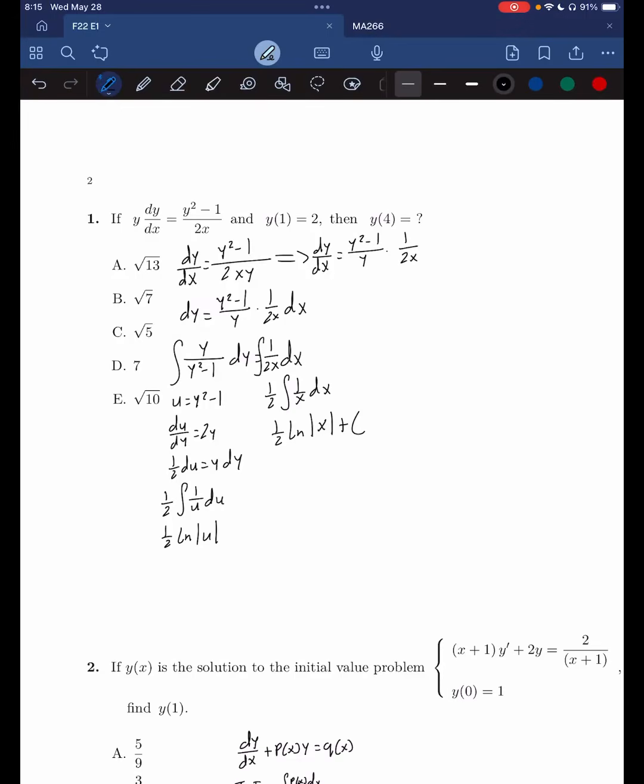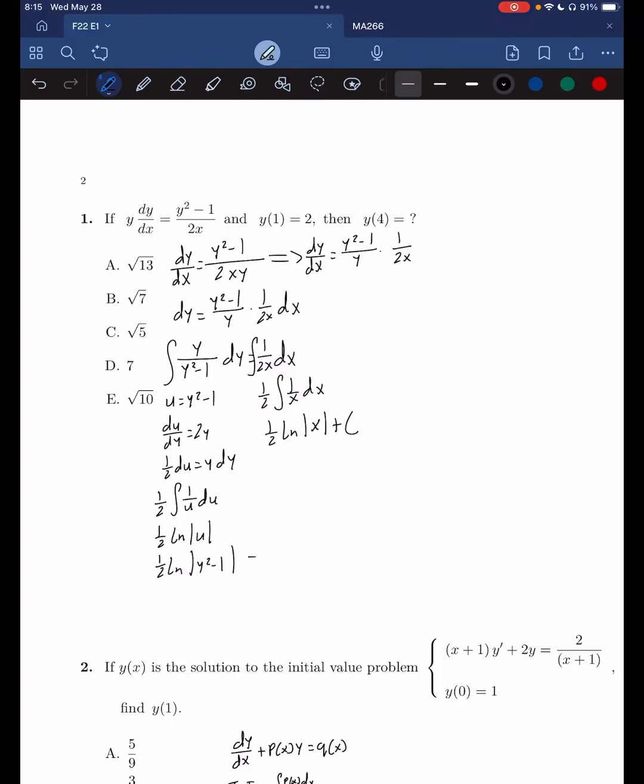Yeah. So now that we have this, I can set. Oh, but keep in mind our u was y squared minus 1, so really this becomes something like this. And now I have these two set equal to each other. Our 1/2s can cancel on both sides. And now I have this.